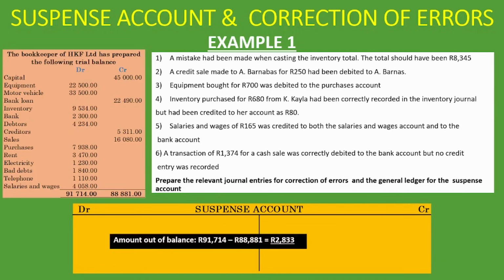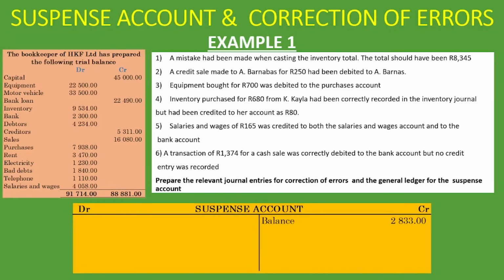Okay, so we're going to take the 91,714 rand minus the 88,881 rand, and it gives us a difference of 2,833 rand. And since we know that the credit side is smaller and it's smaller by 2,833 rand, we are going to put it on the credit side of the suspense account. Okay, so here's how we're going to do it. We put balance and we put 2,833 rand.